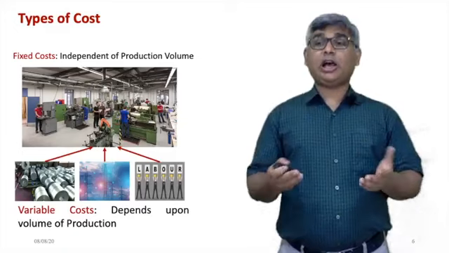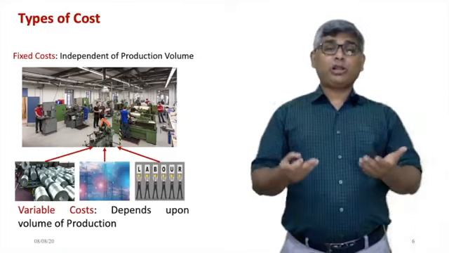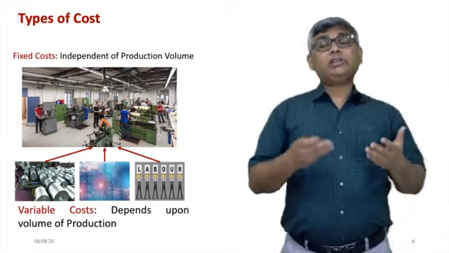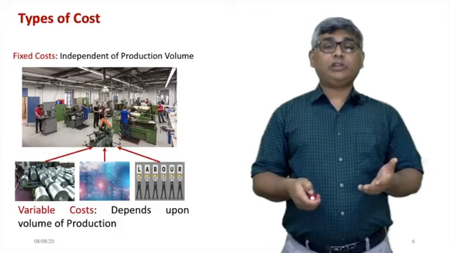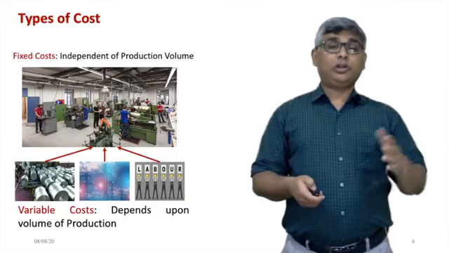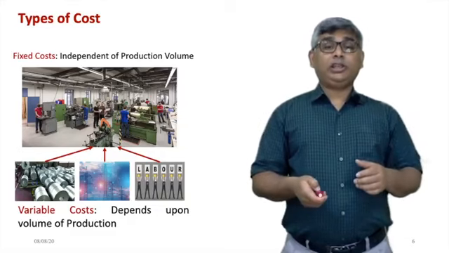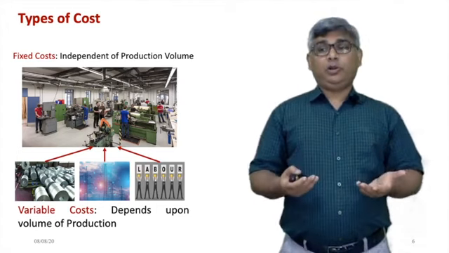Higher the quantities, higher will be the cost. That kind of cost which depends upon the production volume is termed as variable cost. Generally, material cost, power consumption, labor, if we are hiring and firing the laborers on the basis of requirement, these kind of costs will fall under the category of variable cost.